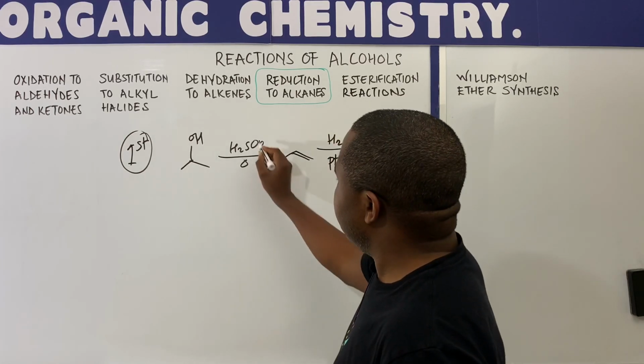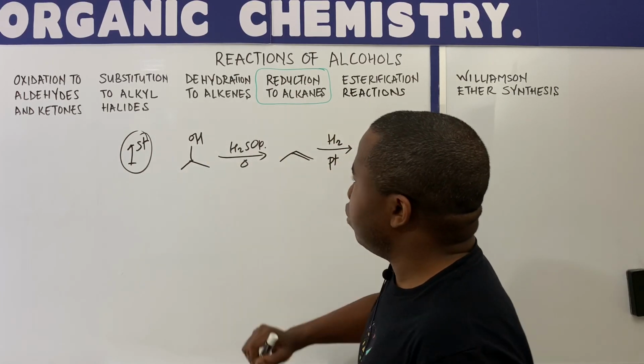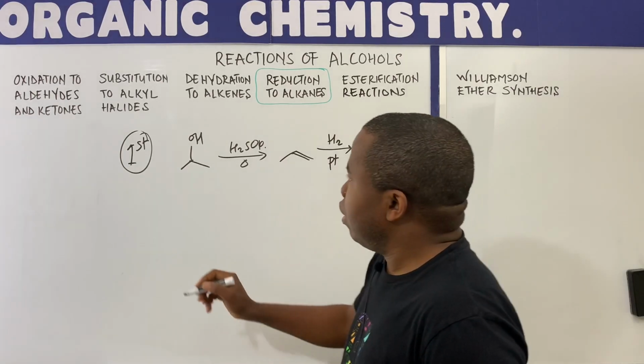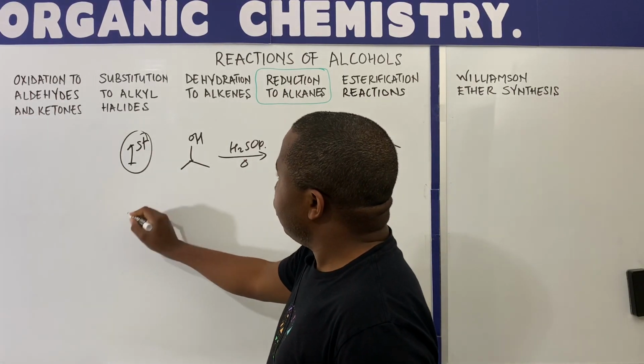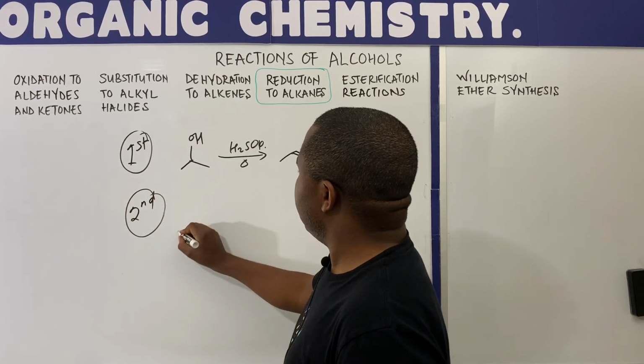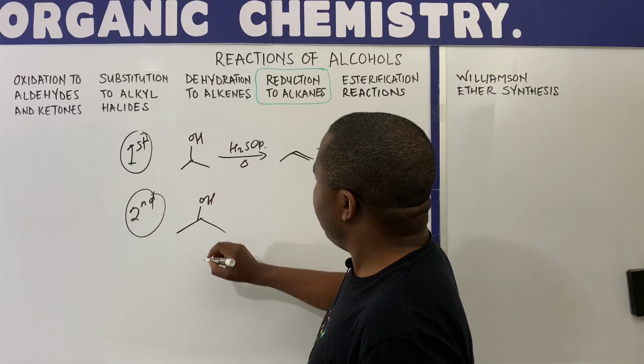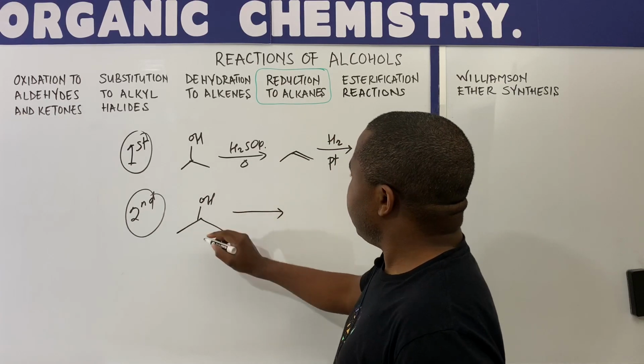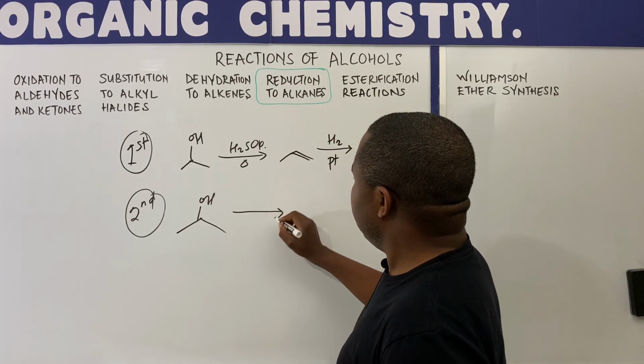I already discussed how we can do a dehydration reaction in the previous reaction of alcohol that I talked about. The second method would be to convert the alcohol to tosylate.